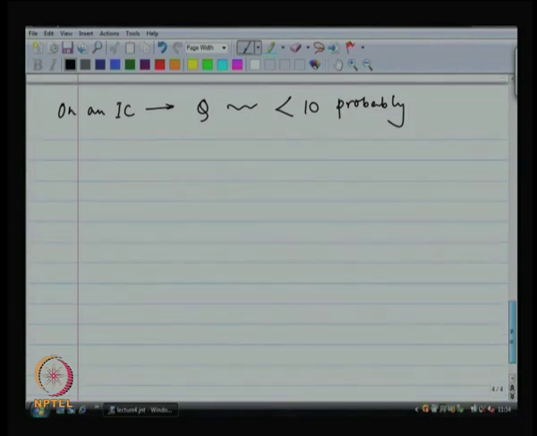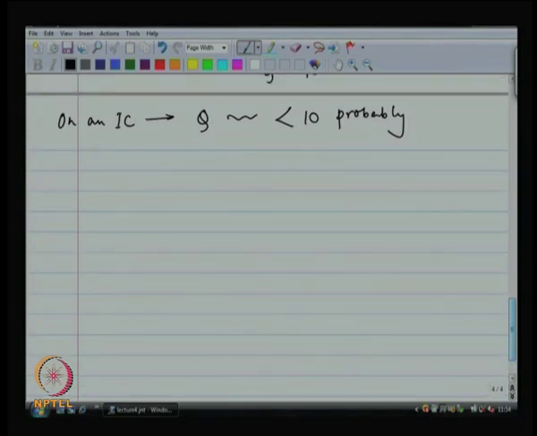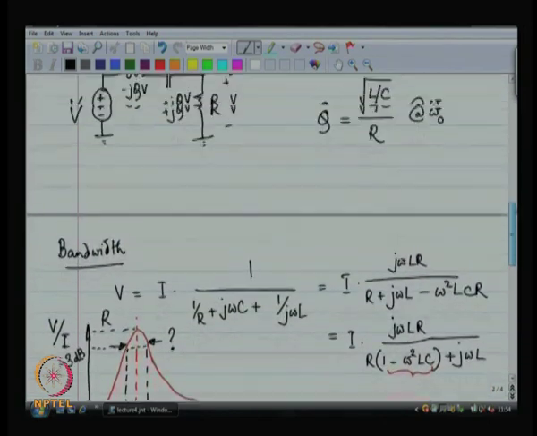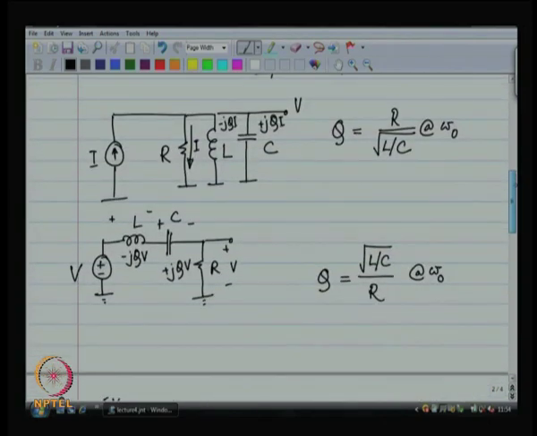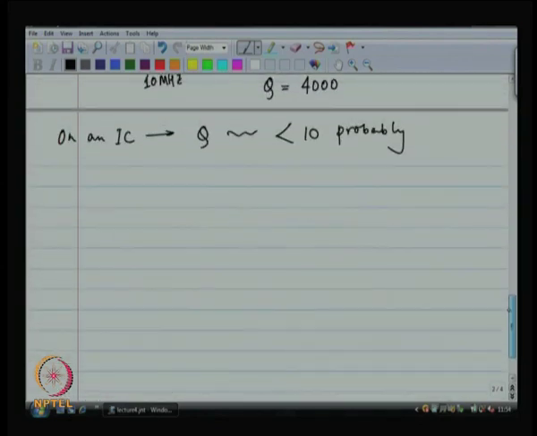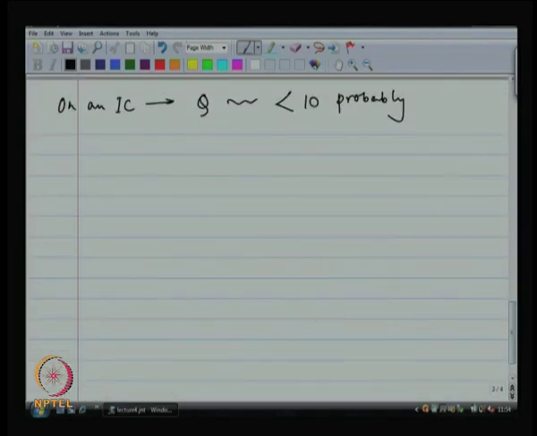If you are also allowed to use discrete components, your inductor and capacitor, not on an IC, then maybe you can achieve a Q up to 100.